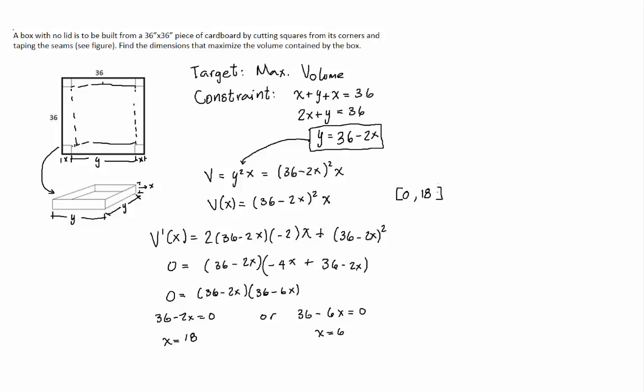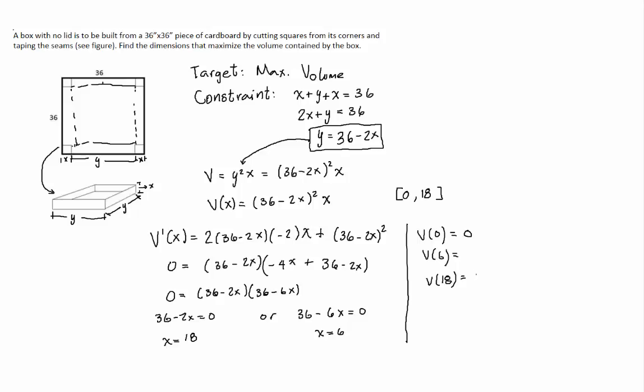Notice that x equals 18 was an endpoint already, and so we have to evaluate our volume function at both endpoints and at the critical value we found right here. So we evaluate it and we obtain what? Well, for x equals 0, you have 0 times something, that's 0. And for x equals 18, that would be 36 minus 18 times 2, which is 36, so it gives you 0.